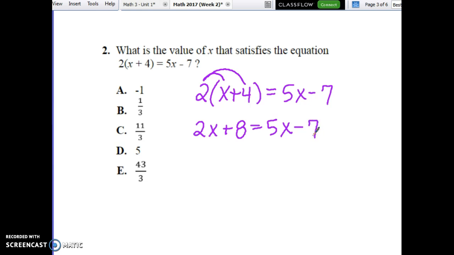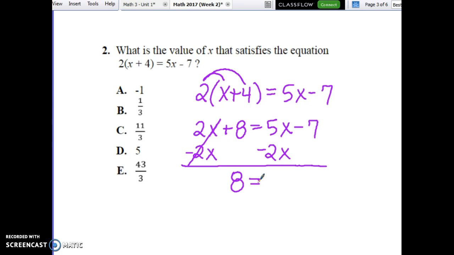We need to get all of our x terms together. So I'm going to move the 2x to the other side of the equation to be with the 5x. And to move that 2x, I'll subtract it in order to cancel those x's on the left-hand side. I'm left with an 8 on the left-hand side.